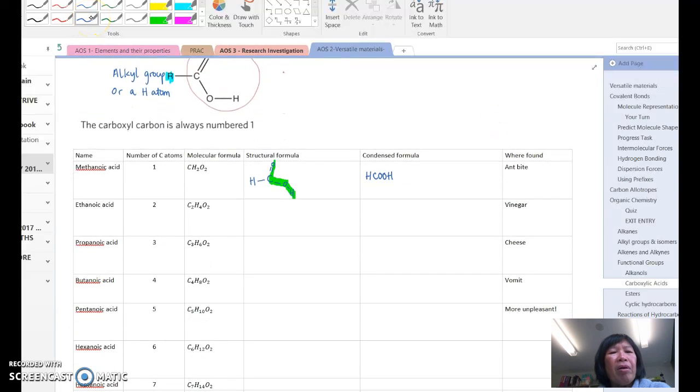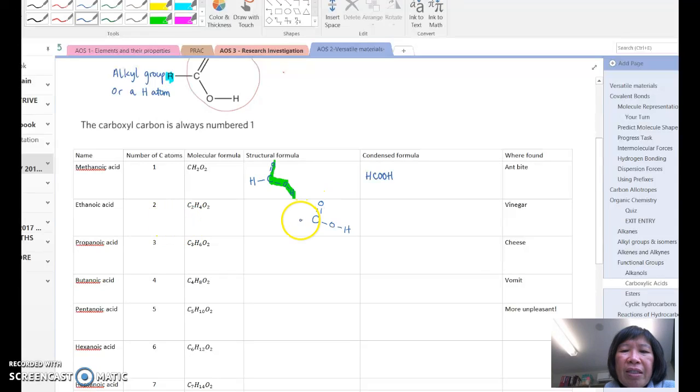The second member of this family is called ethanoic acid, with the molecular formula C2H4O2. So when we draw the structural formula, start by drawing the functional group and working backwards. So C double-bond O, O, and H. So we've used up the 2 oxygens, 1 hydrogen, and 1 carbon.